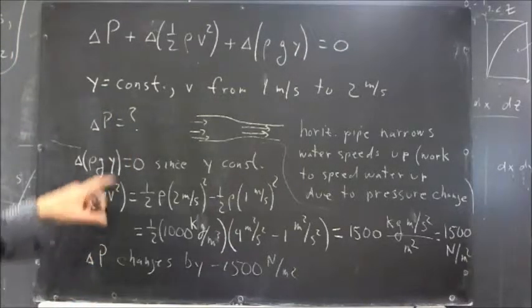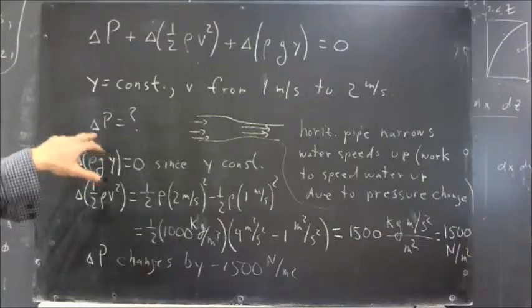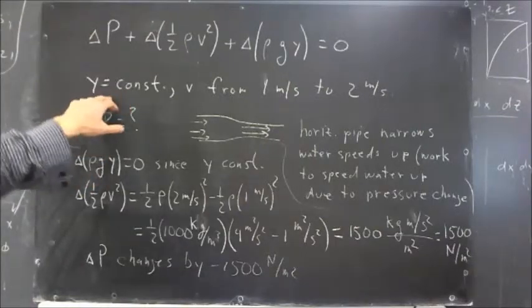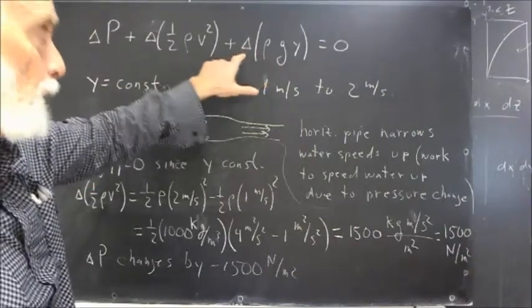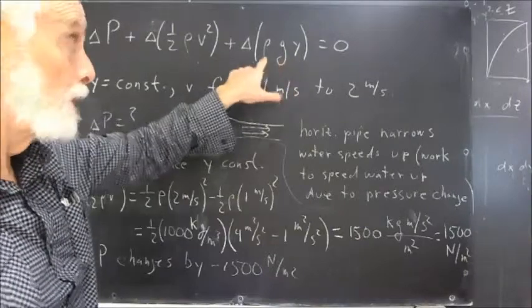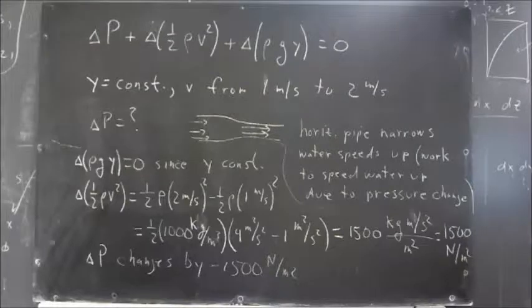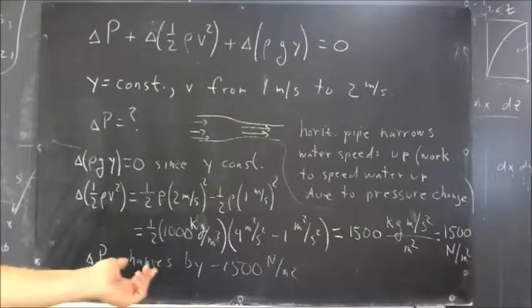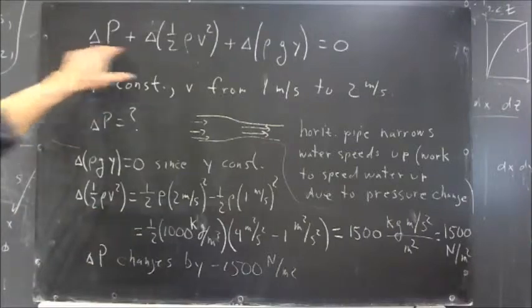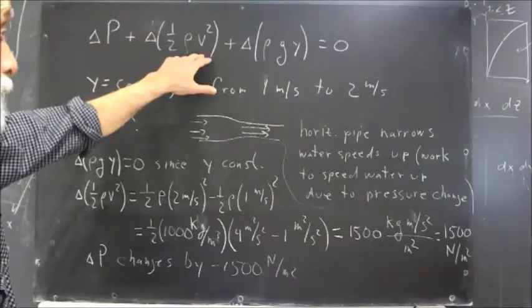Okay, well, if y is constant, that means that the change in rho g y is 0, because rho and g aren't going to change. If y doesn't change, that does it. You have no change in rho g y, which means the only quantities that can change are the pressure and the 1/2 rho v squared.